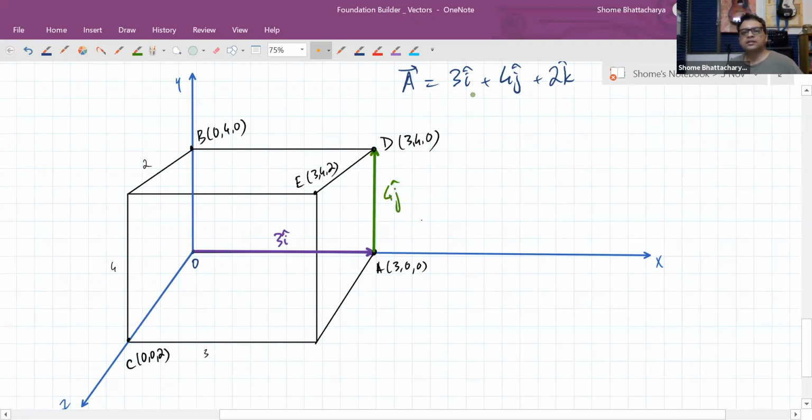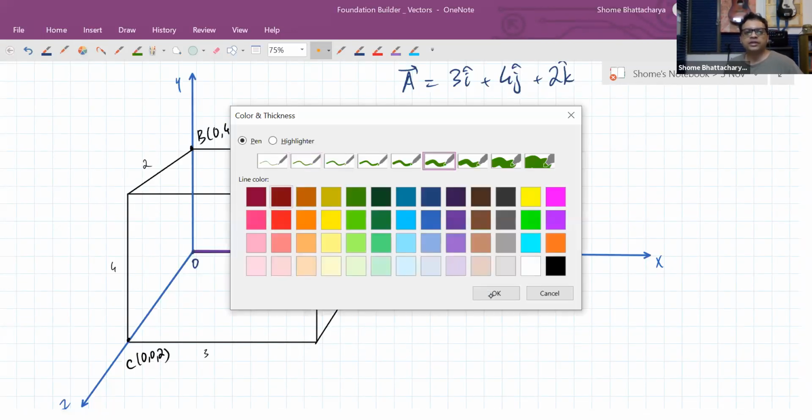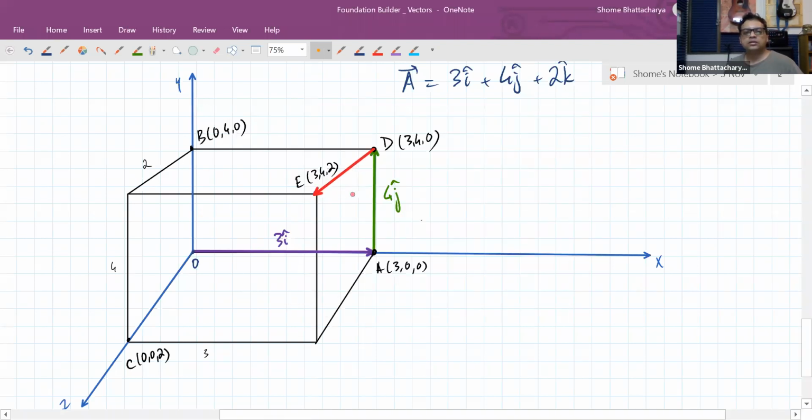Okay, and then 3 I cap plus 4 j cap plus another displacement I'm adding, 2 k cap. So that will bring me from the point D to the point E. So my third component I'm adding to the first two will add from D and bring me to this point E over here, as you can see. So this will be my 2k cap.